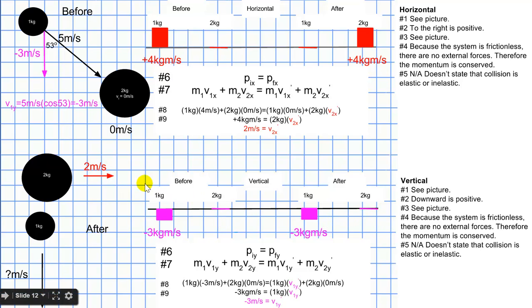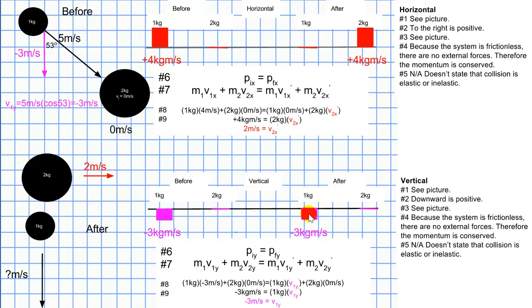After the collision, the 2 kilogram mass is only moving horizontally, so it does not have any vertical momentum. So all the vertical momentum must remain in the 1 kilogram mass.